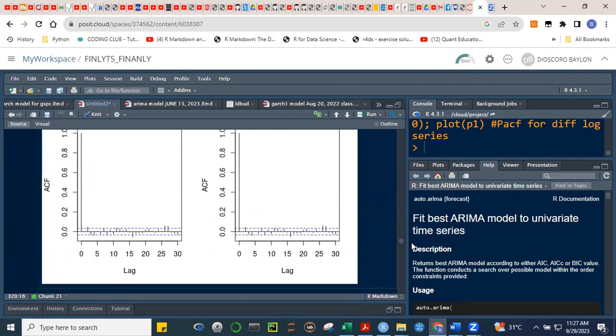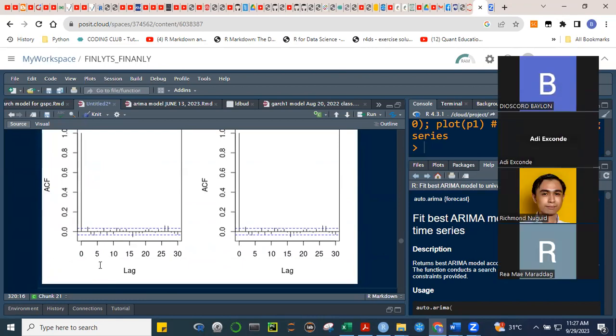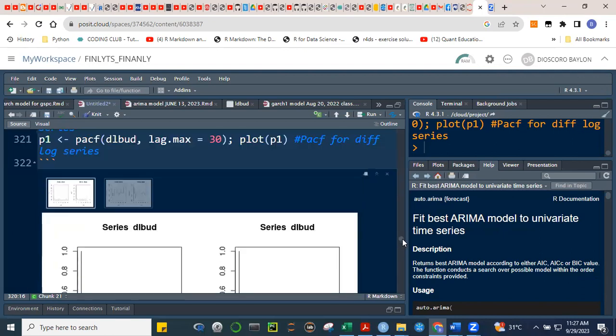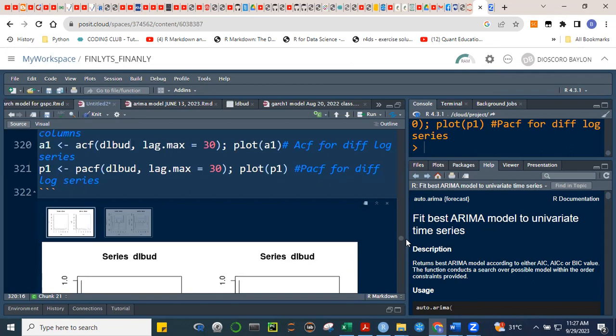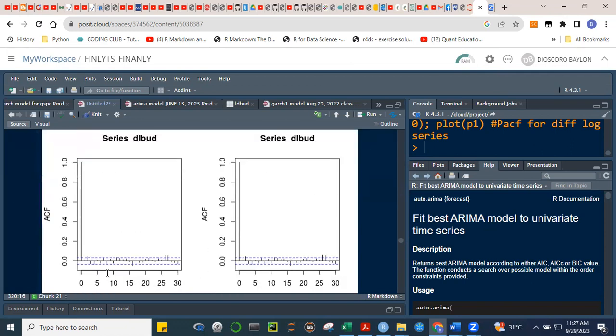Here it is, class. So the ACF. Okay. This is what I'm telling you, this is lag 0, because it is perfect correlation.